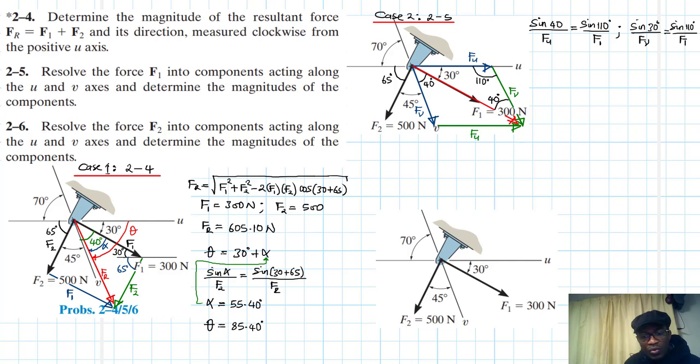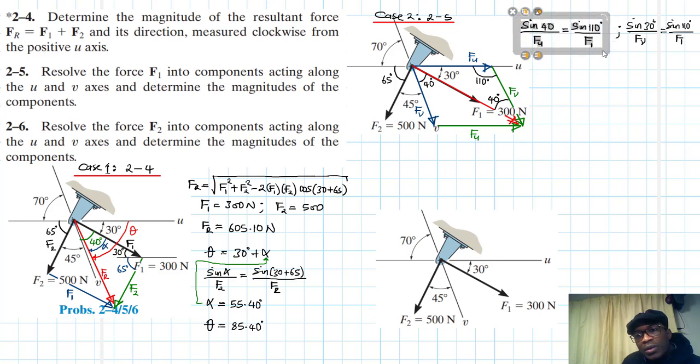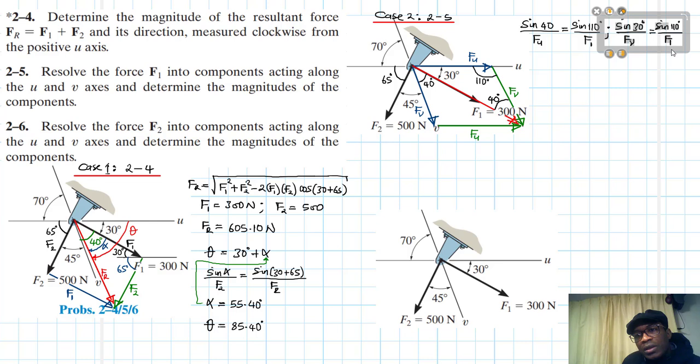So we have two equations that will allow us to calculate these unknowns. We have this one here, and then we have also this one there. Okay, all right. So we have all the details.